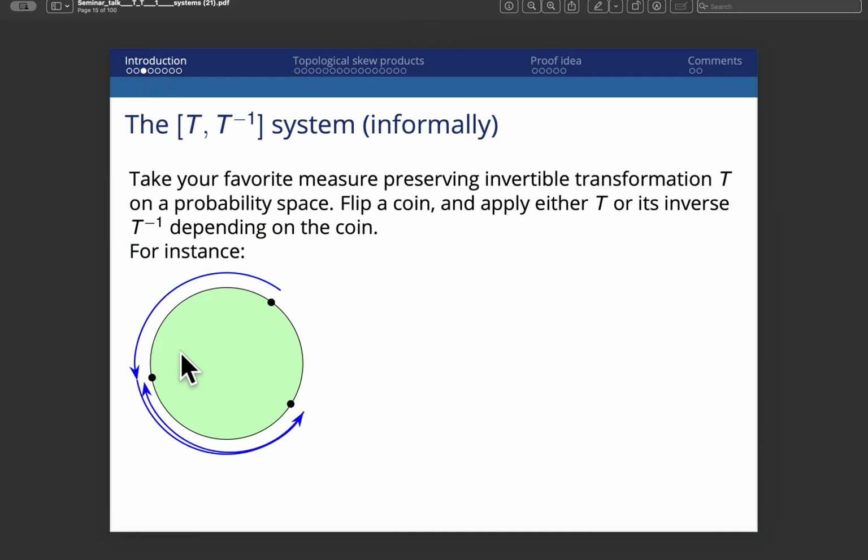So we have the word of length 3, 1, 1, minus 1, and the range would be 0, 1, 2, and that's all. 0, 1, 2. Does this make sense? Yeah, it does.